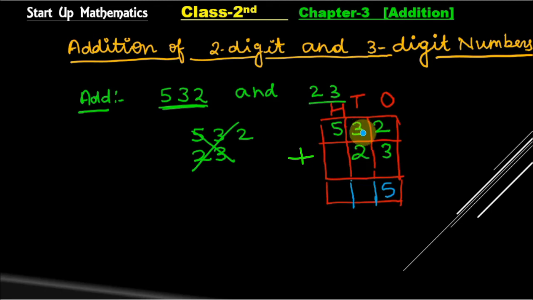So 3 plus 2 is equal to 5. Now we come to the hundreds place. In the hundreds place we get 5 on the top and nothing in the bottom. So 5 plus nothing means 5. So your answer is 555. The answer we get in addition is called the sum.